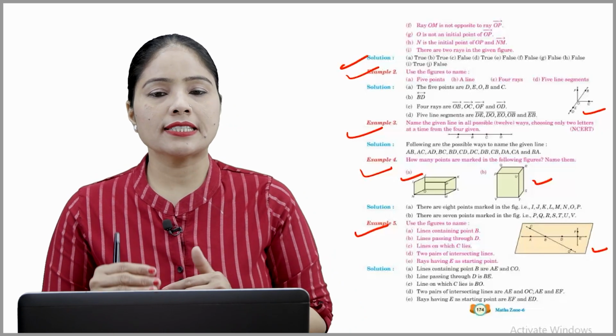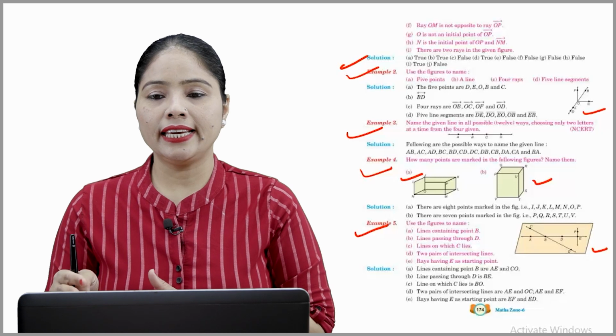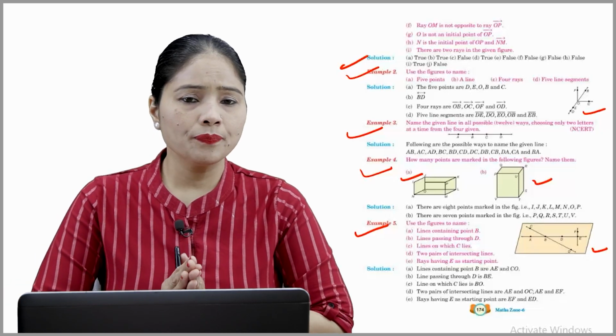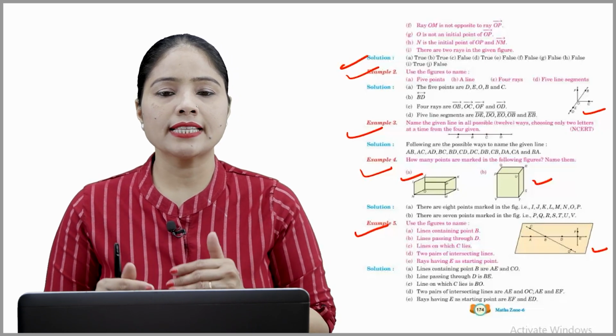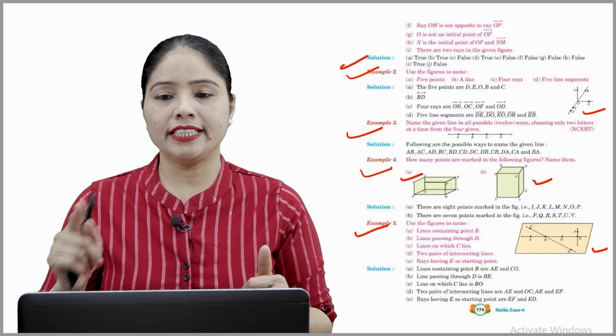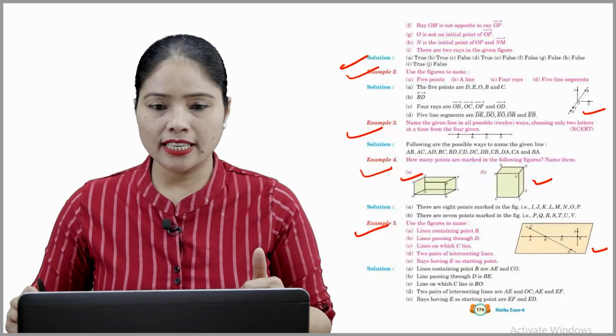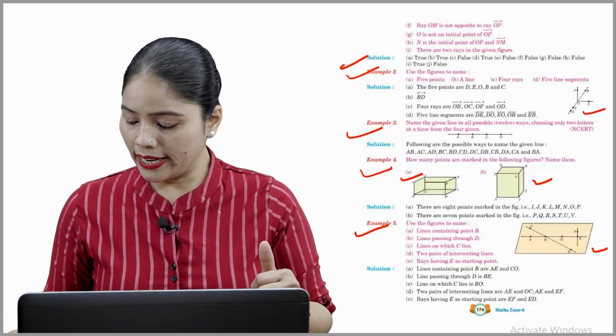Two pairs of intersecting lines are AE and OC, and AE and EF. And the fourth one, rays having E as starting point: the rays having E as starting point are EF and ED. Okay, just see the diagrams and find the answers very nicely. So now beta, move on to the next one.